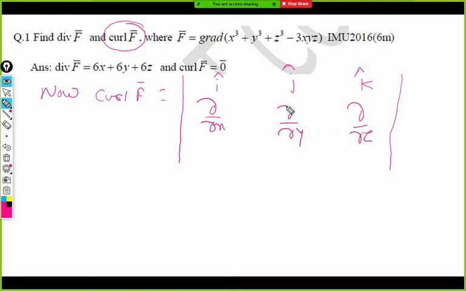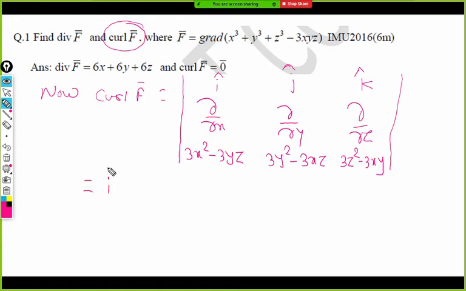Third row are the components of vector f bar. Now if you recall the vector f bar here, f1 is 3x square minus 3yz, f2 is 3y square minus 3xz, and f3 is 3z square minus 3xy. Now we just have to expand this determinant.